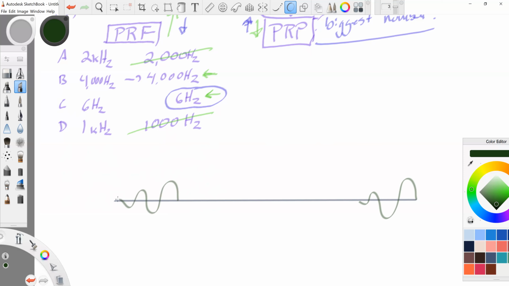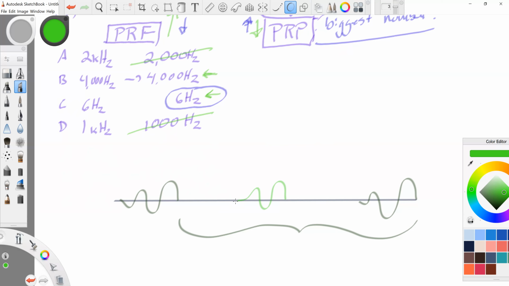So here is our current pulse repetition frequency. I don't know what it is. It's just the current one. The pulse repetition period is all of that. Now, let's add another pulse in there. I've increased my frequency.